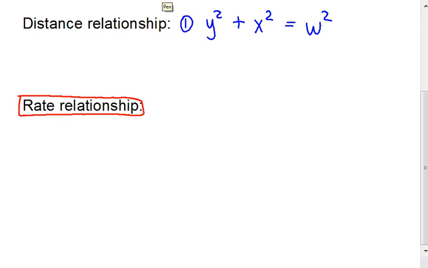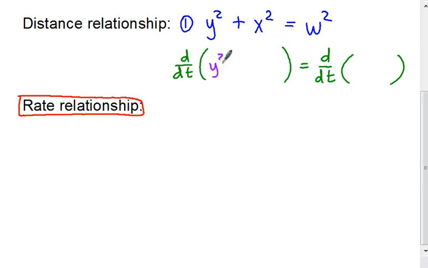All right, so I'm just going to take each expression here and find the derivative with respect to time. Okay, so I'm just going to bring down the terms in the equation, and then we're going to differentiate with respect to t.